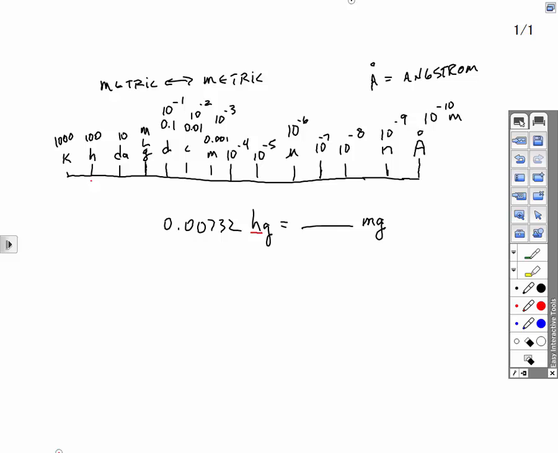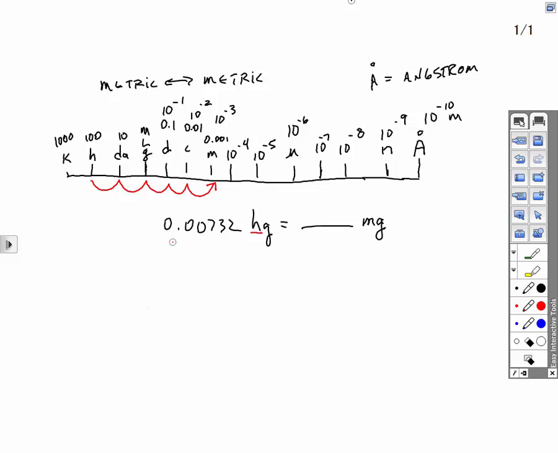So that is incredibly important. The decimal that I have in this number is sitting on H because it says hectogram. So I'm going to move that decimal, and we'll count spaces as we move: 1, 2, 3, 4, 5 places. Again, make sure you know what direction you're moving. I'm going from left to right, and I'm moving it 5 places.